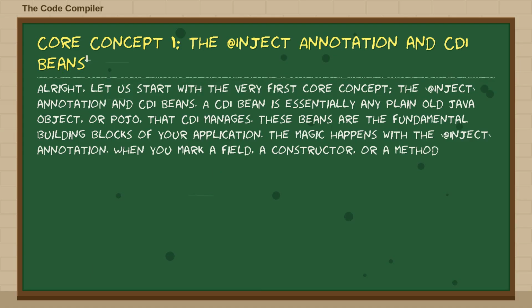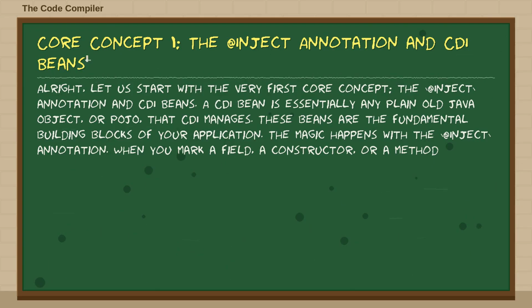When you mark a field, a constructor, or a method parameter with @Inject, you are telling the CDI container, hey, I need an instance of this type here. The CDI container then takes on the responsibility of finding an appropriate instance of that class and providing it to you automatically. This process is called dependency injection.